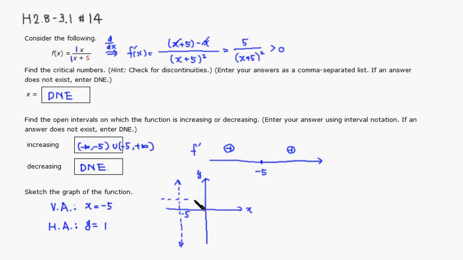So it should look something like that. So that's 1. Then the graph is always increasing, so it's got to look something like this, and then it's going to look something like this. So let's type those in.